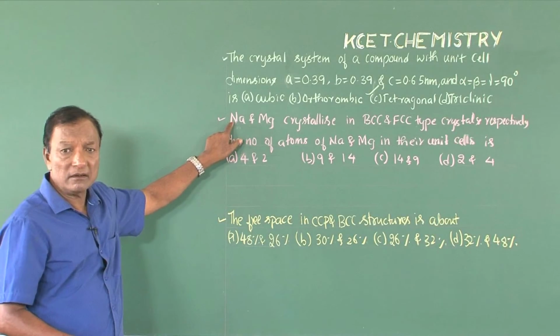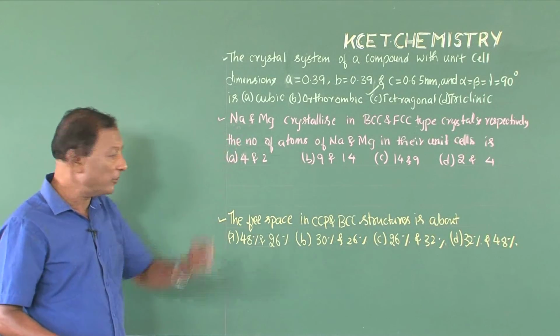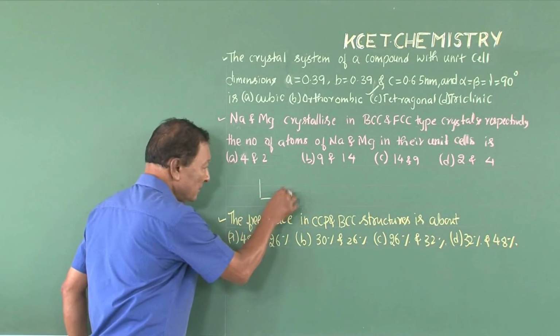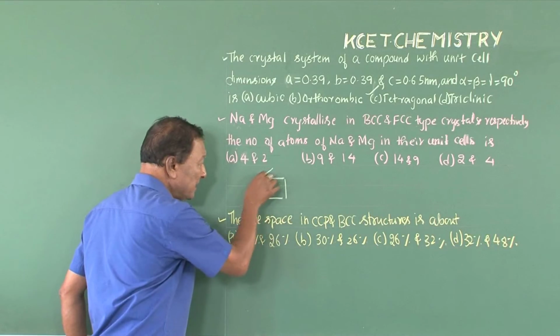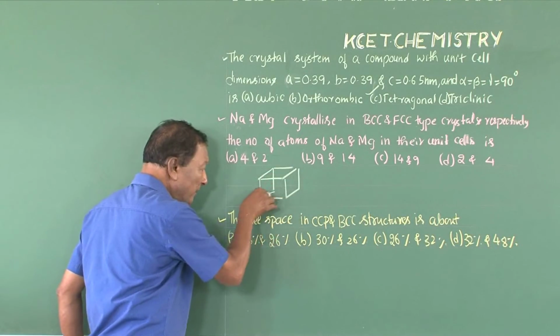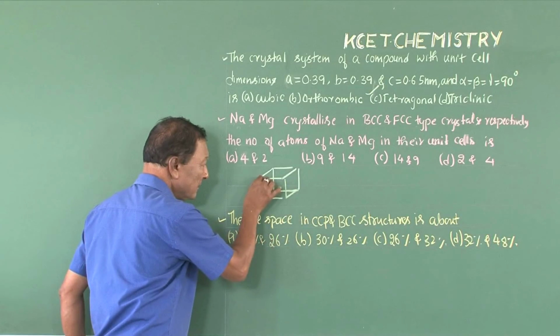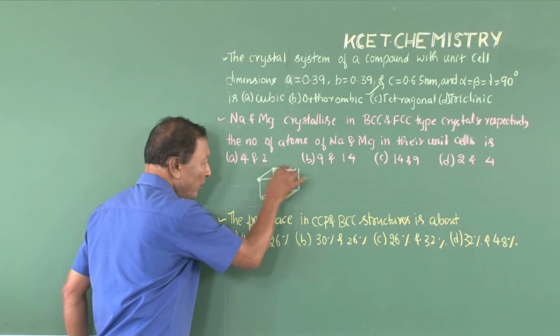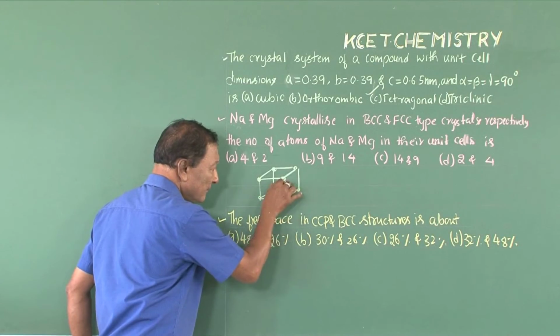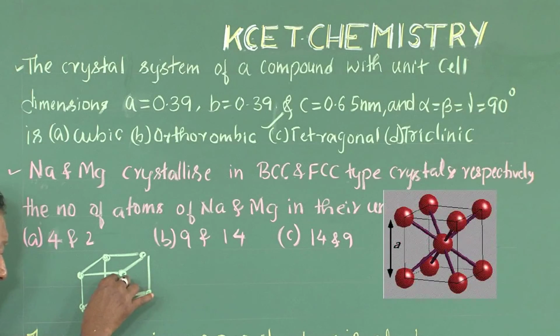This way, BCC unit cell, if observed in sodium crystal, and what that BCC unit cell is, see here. This is the BCC unit cell having the corner particles as well as the body-centered particle. This is the body-centered particle. Now the calculations are very, very simple.